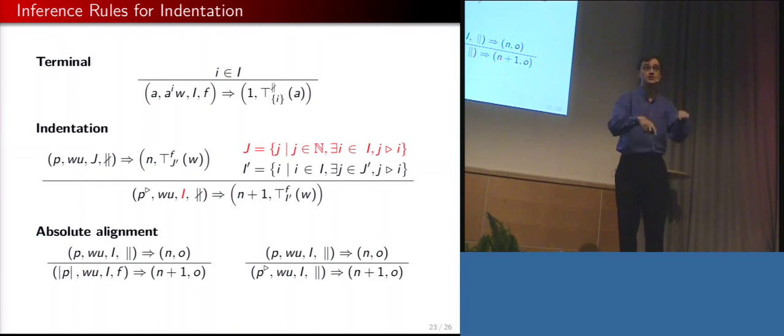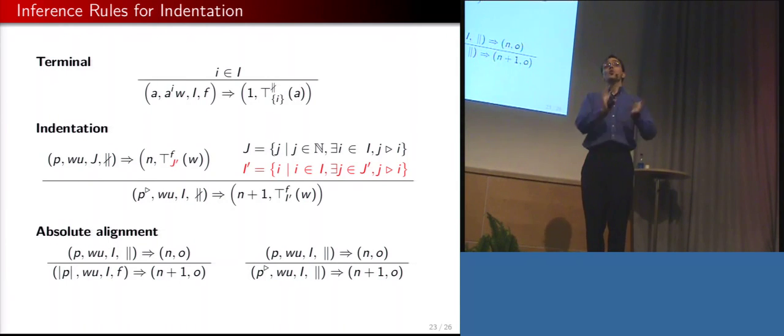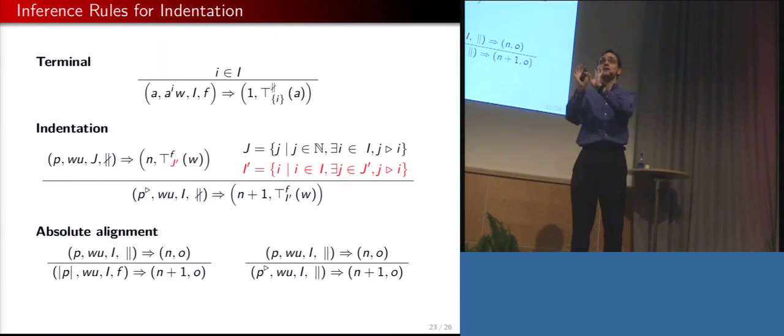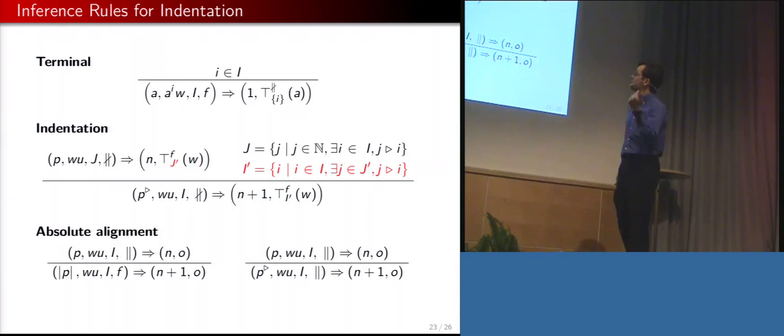That gives us this new indentation set J that we're then going to pass into the parse. When that parse eventually succeeds, it will hand back this J prime, and then we're going to go back and say, okay, which of the I's could we have used that results in this J prime that's still related by the triangle? And then we're going to get back this I prime that we're going to then thread back out.